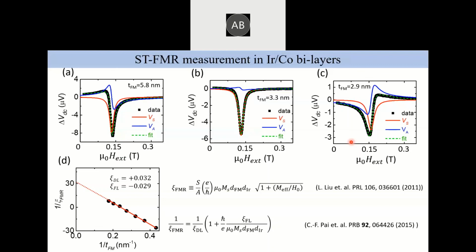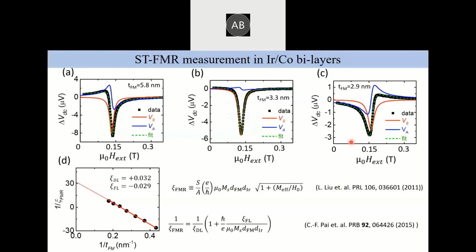The second way is that we don't need to calibrate the RF current. We can take the ratio between the symmetric and antisymmetric components, and in that case, we don't need to know how much is the loss, but there is a trick. The trick is that the first formula that shows the efficiency of FMR assumes that the RF current creates the Oersted field, so it is like a self-calibration method.